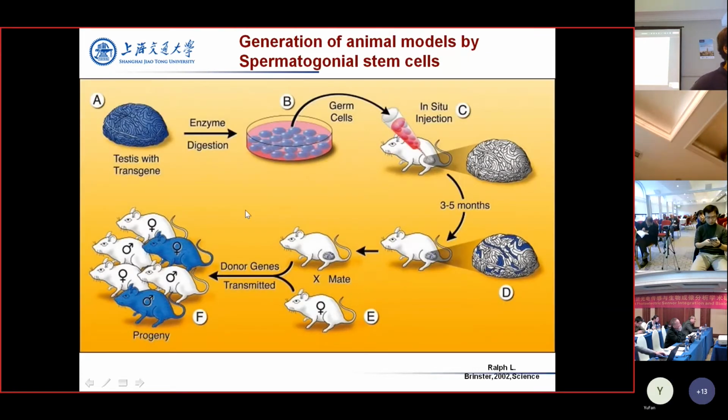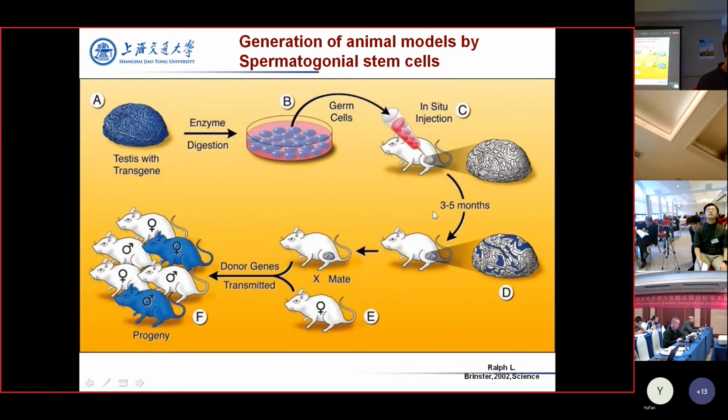Spermatogonial cells can also be used to generate animal models. For example, with transgenics, we isolate the cells with enzyme, culture the spermatogonial cells in vitro, and then inject them into sterile testes.